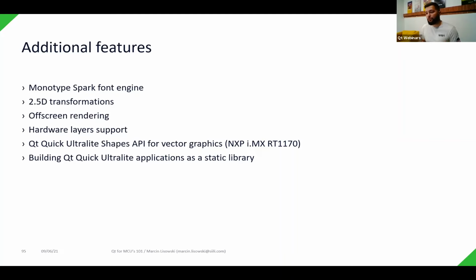In general, the whole Qt for MCUs may have a support for hardware layers. Some of you maybe know that feature from the old Amigas and all gaming consoles, that there are some hardware layers that can save you memory by reorganizing some parts of your application to different layers that can consume less memory than the whole frame buffer for the whole screen.